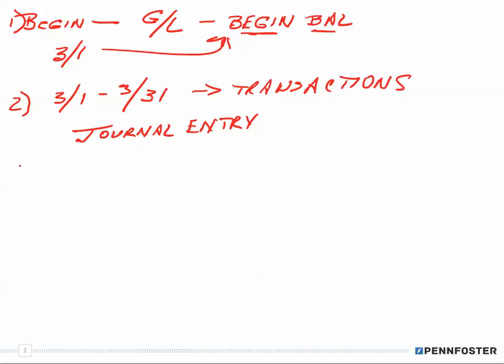Then the next part of the process is these journal entries have to get posted to your general ledger accounts, right? Now, it really all depends upon the business.